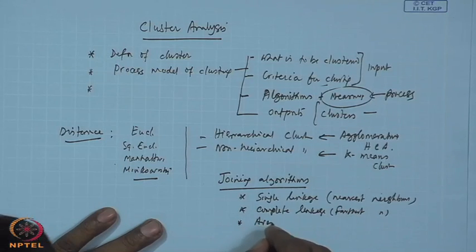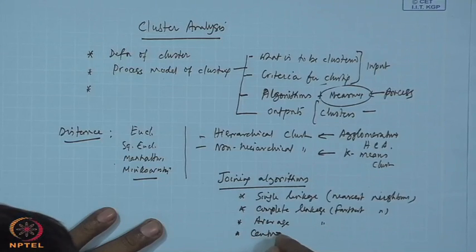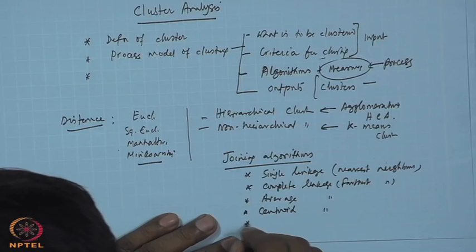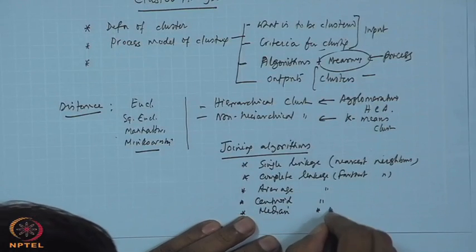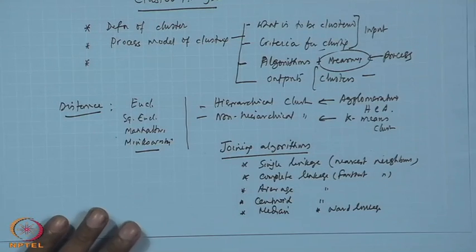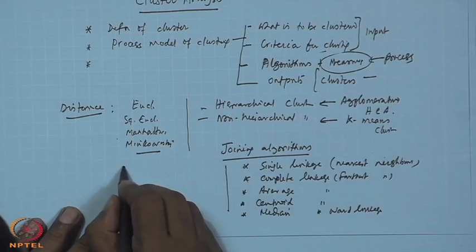Then we went for average linkage, then centroid linkage, then there is median linkage, then Ward linkage.